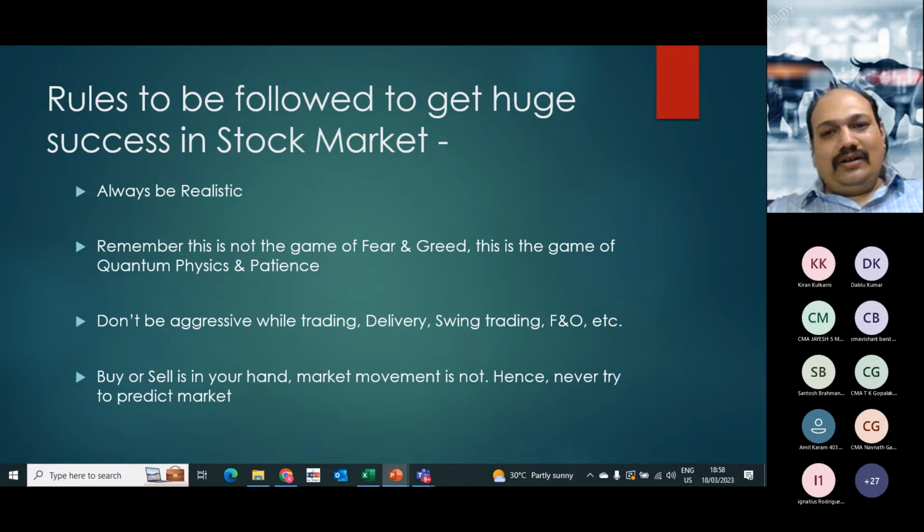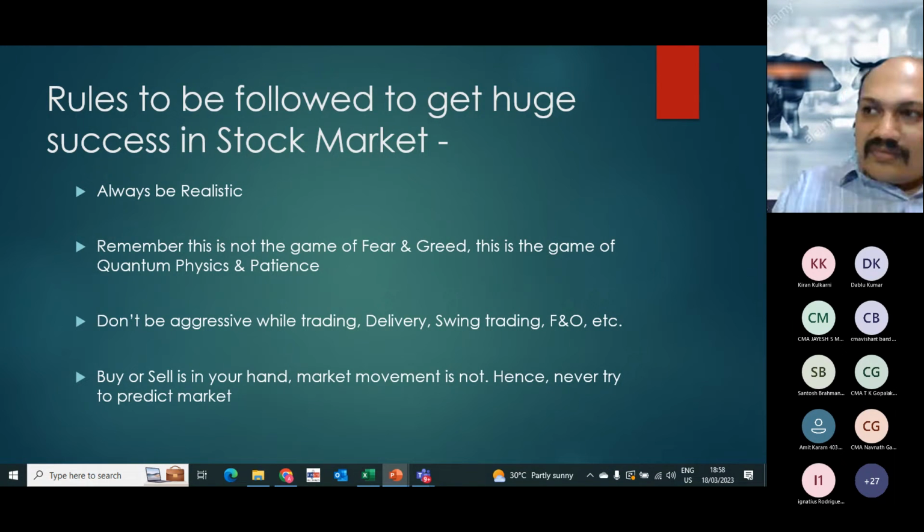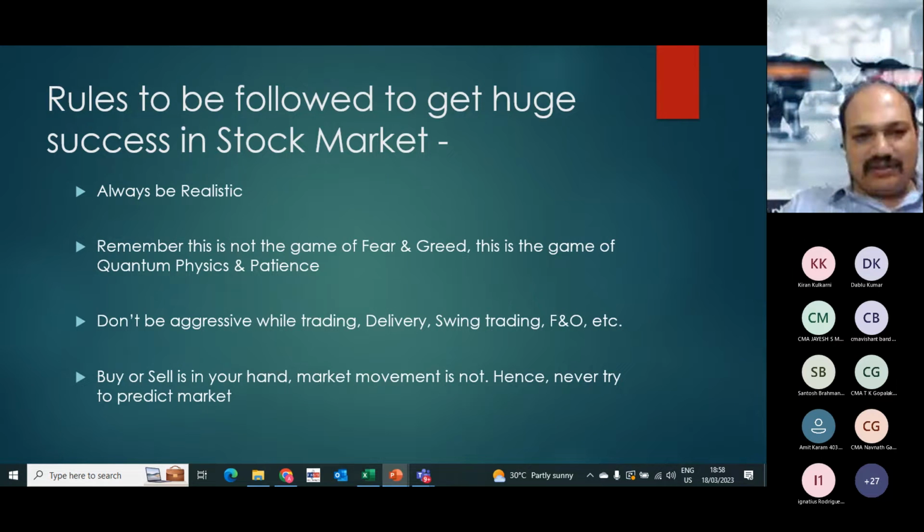Then to get huge success in the stock market, you have to follow a few rules. Always be realistic. कभी भी unrealistic view मत रखो. What does it mean? If you get 10% return in a month or in a period of a week, just exit.